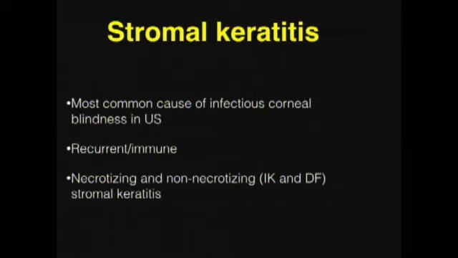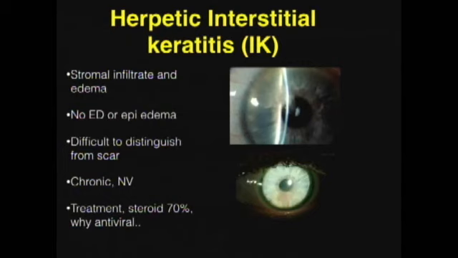Okay, let's take it one by one. We will take the IK, the interstitial keratitis, or the immune-related stromal keratitis. The patient will come to you, again, there is something that triggers the inflammation, and the patient will come to you with a recurrence. And usually the patient will complain of photophobia, pain, decreased vision, conjunctival injection.